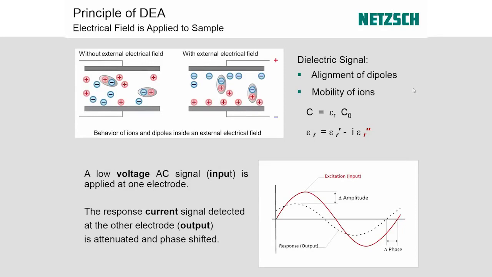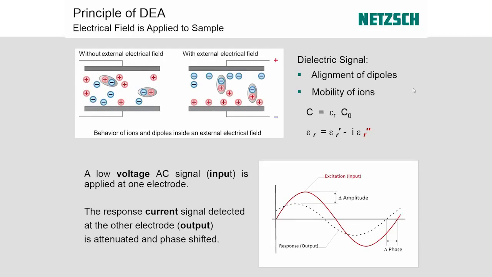So they'll have positive or negative charges on them. And with the DEA, we have electrodes and we will apply an oscillating field. So in a system where we would just apply a single field, negative charges would naturally move toward the positive electrode. Same goes the opposite way for the negative electrode.